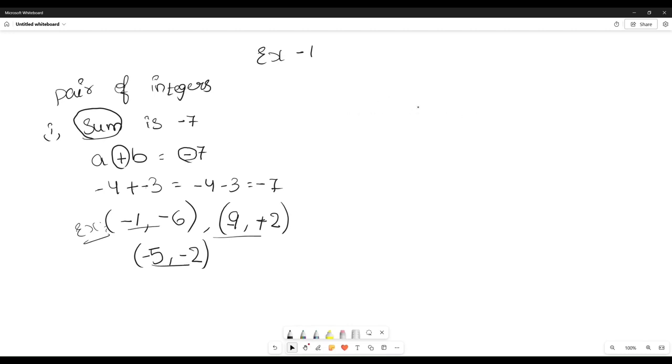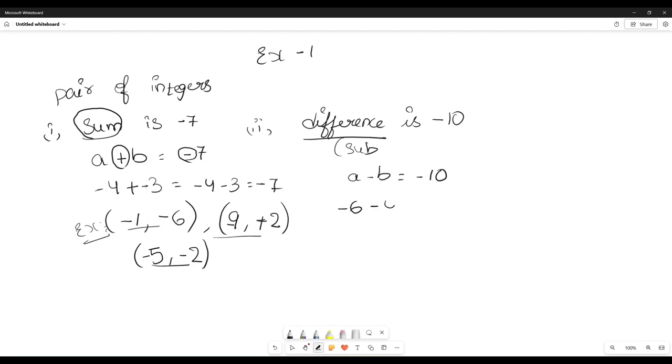And the second question is difference is -10. Here it is difference. Difference means subtraction. We have to subtract. a - b is -10. Here we took a as -10 and b as 4. They have already given the minus, so we took the positive integer 4.